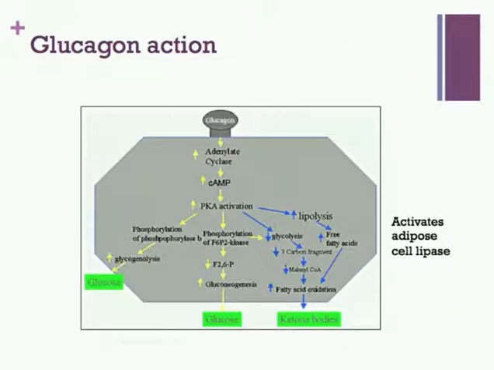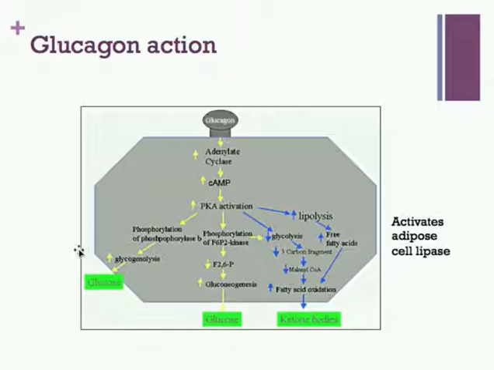On this slide, what you're looking at is just glucagon binding to its receptor, and through a variety of intracellular signaling cascades is able to increase the utilization of alternative or stored fuel sources.